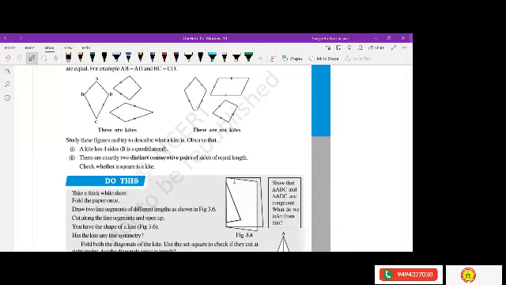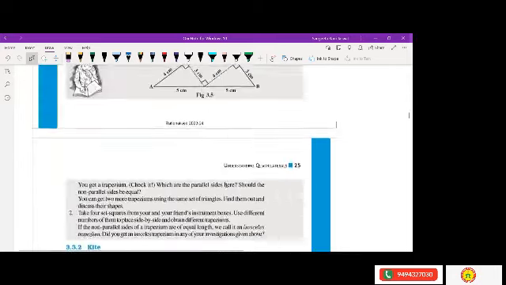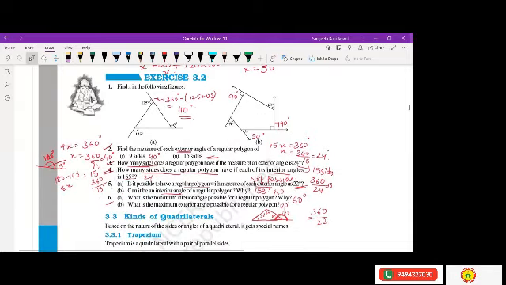Ma'am, can you once explain the fifth question? See, it is saying, is it possible to have a regular polygon with measure of exterior angle 22 degrees? So how will you check the possibility?